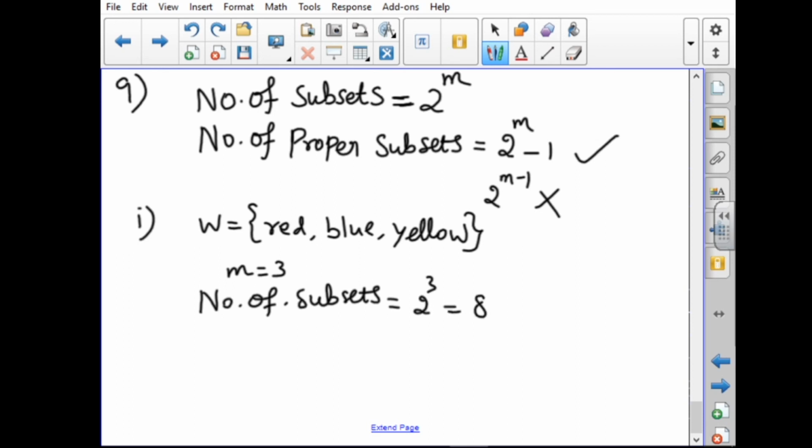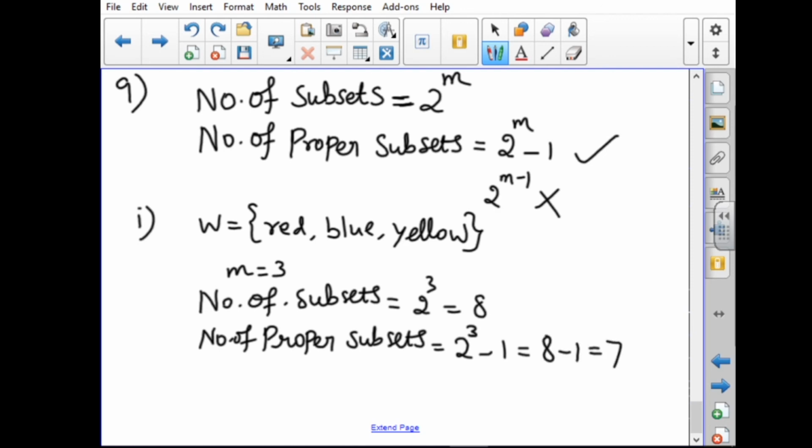Then number of proper subsets is equal to formula 2 power m minus 1, that is 2 power 3 minus 1, that is 8 minus 1, that is equal to 7. Okay.